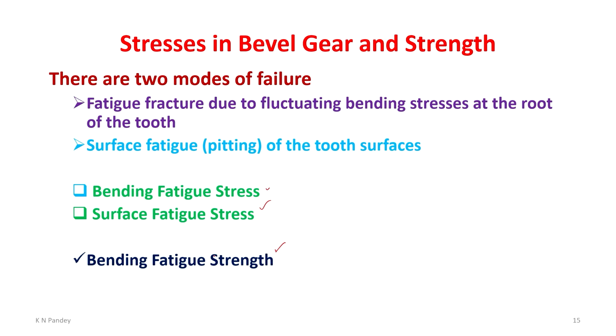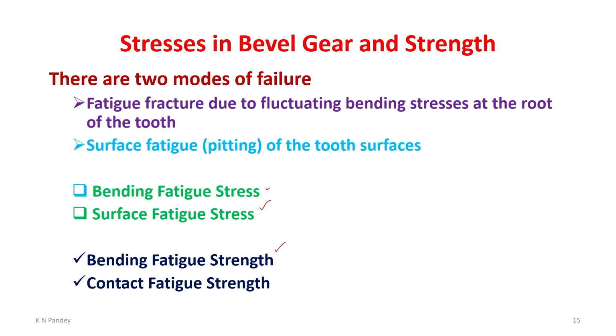Under bending, what is the strength of the material, and then under contact stresses, what is the strength of the material. So, against contact stresses, what is the strength, and against bending stresses, what is the strength of the material, that we must know. So, knowing the bending fatigue stress, surface fatigue stress, then the bending fatigue strength and the contact fatigue strength, we can find the factor of safety.